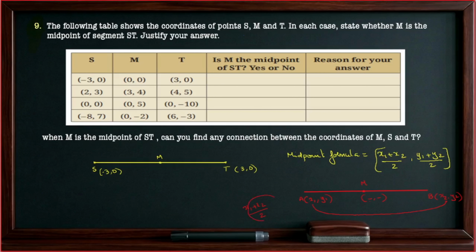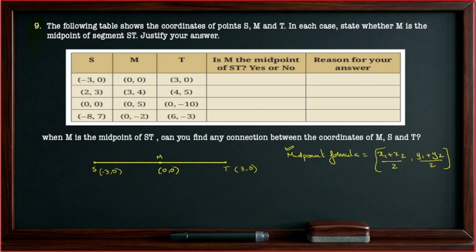When you do this, you will get the x coordinate of the midpoint. Then to find the y coordinate of the midpoint, we have to take these two, that is y1 plus y2 divided by 2. You will get the y coordinate of the midpoint. Is that clear? So this is the midpoint formula, and using this midpoint formula, we are going to solve this question.